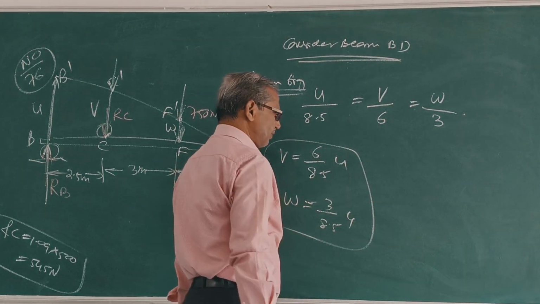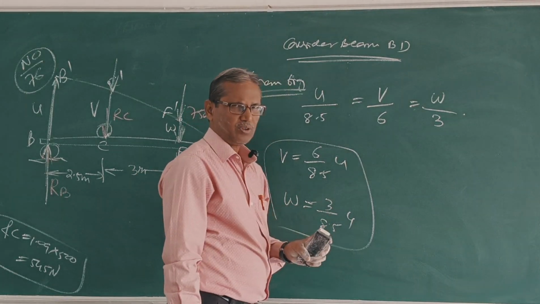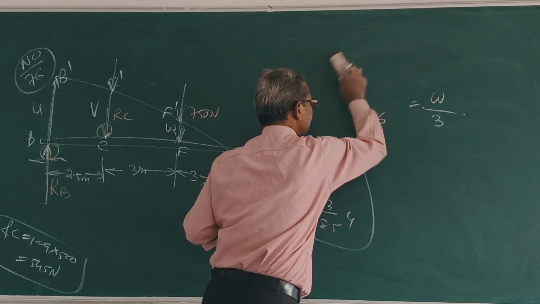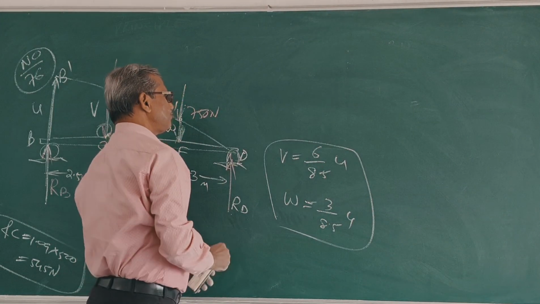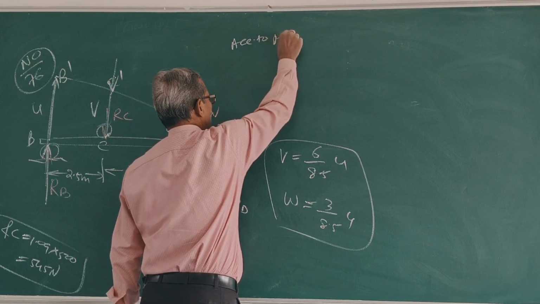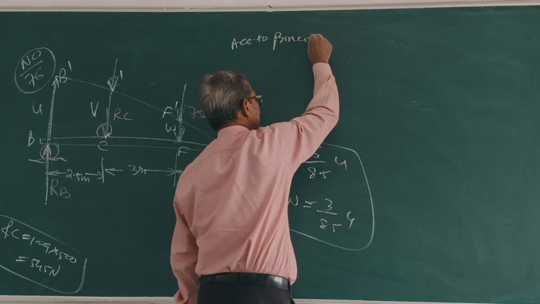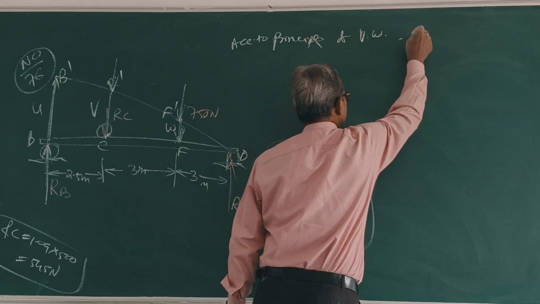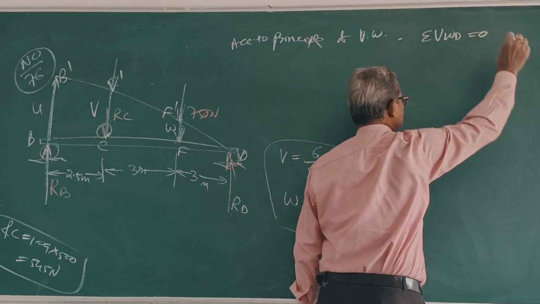Okay. Now apply the principle of virtual work. According to the principle of virtual work, sigma delta W is equal to 0.